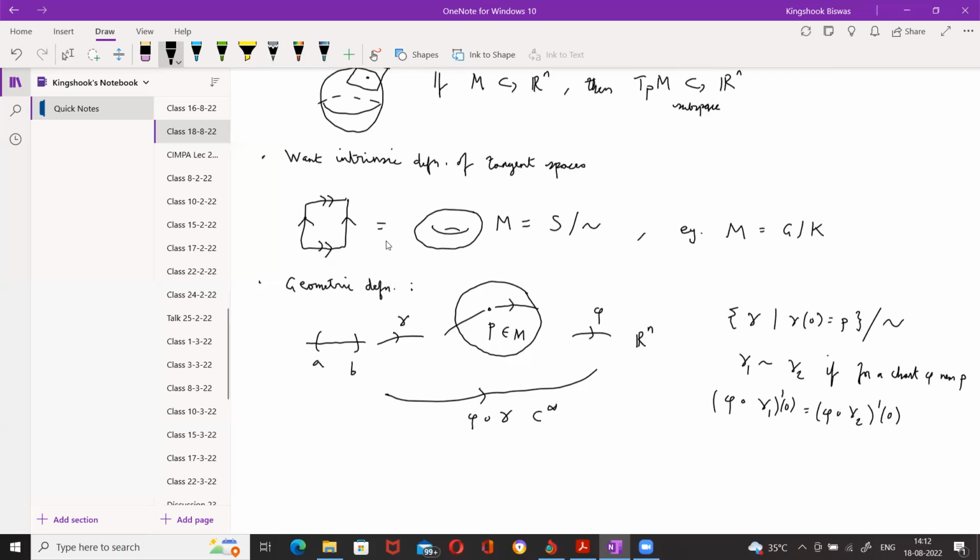So if two curves have the same tangent vector under one chart, then they'll have the same tangent vector under any other chart. So you can define the tangent space in this geometric way, a very intuitively natural definition in terms of velocities of curves. You take all curves passing through P and you quotient by this equivalence relation. So any questions about this?